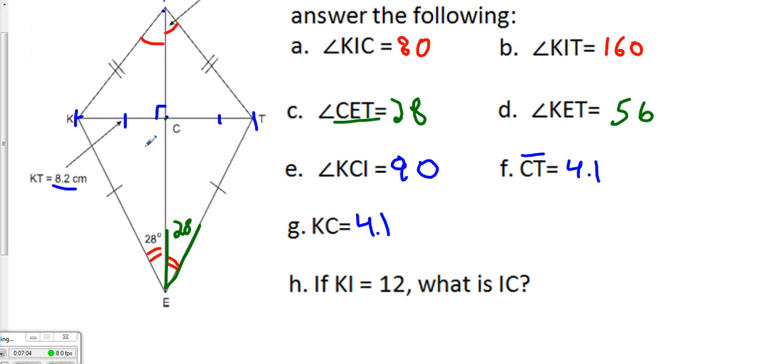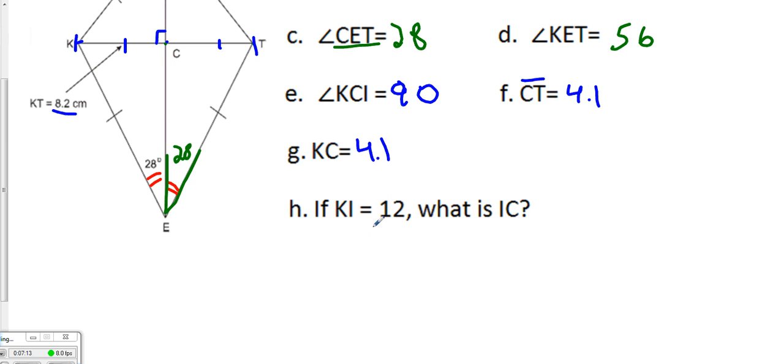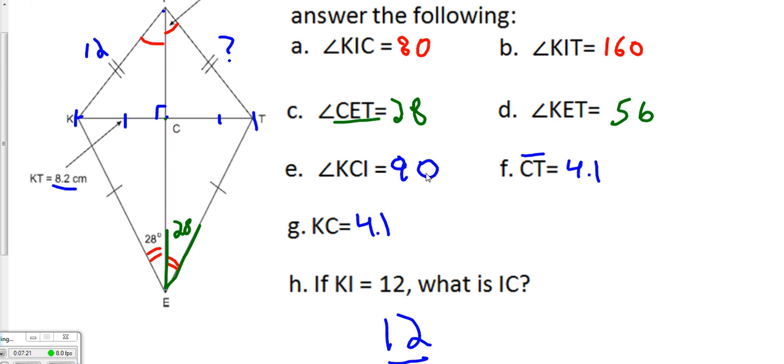Now the last question says if from K to I, so this piece, was 12, how big is I to C? This one. Well, again, because it's a kite, it has to be the exact same, so it would be 12. 12 centimeters, 12 feet, whatever unit they're giving us. So these would be your measures for this kite.